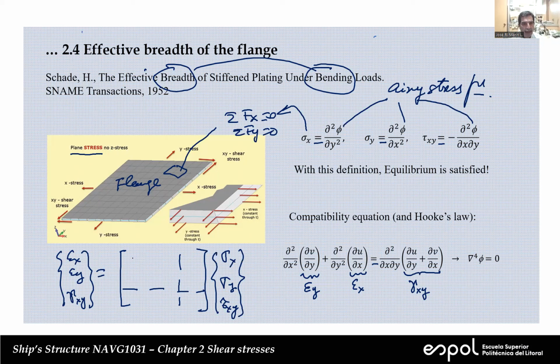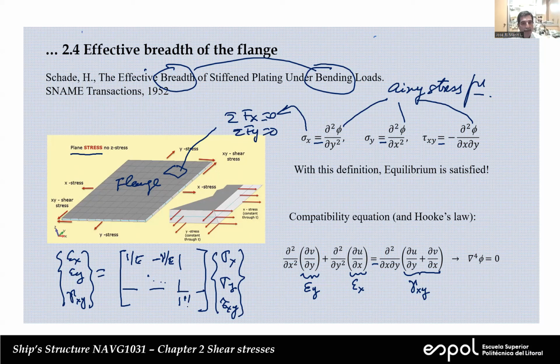Do you remember what we have in this location of this matrix? Anybody? 1 divided by Young's modulus. Yes. And here, anybody? Minus nu divided by E. And what do you have here in this location? Anybody? 0?